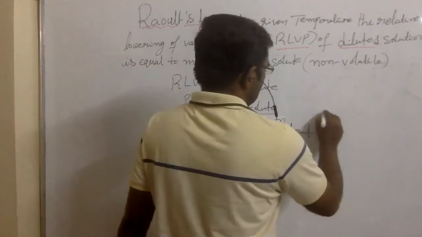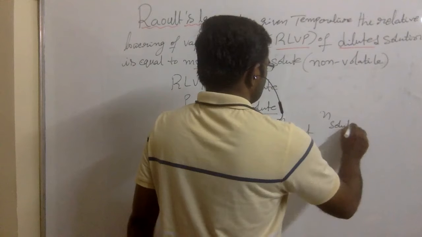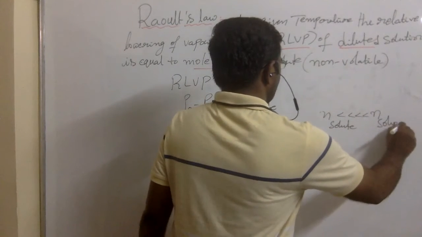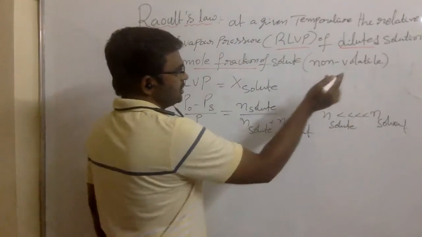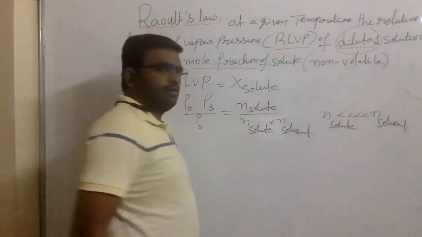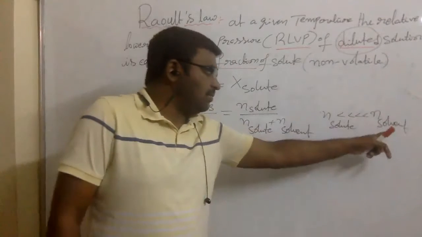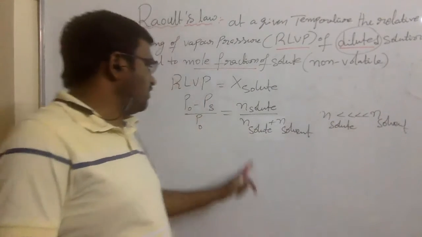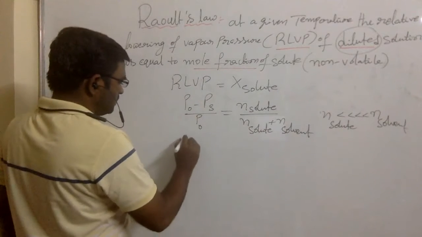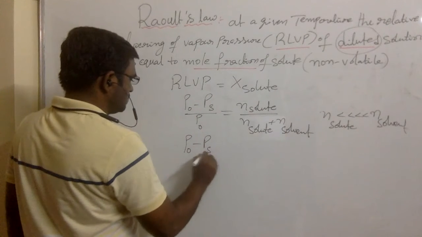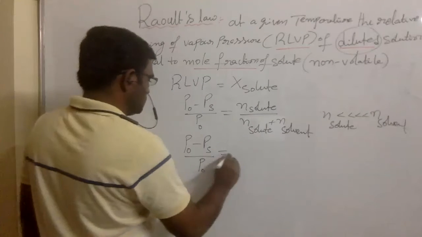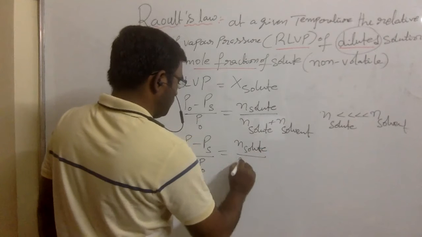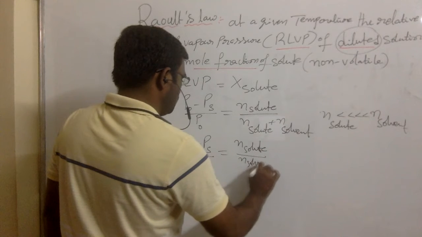But the moles of solute are always very less compared to the moles of solvent, because the given solution is what type of solution? Diluted solution. So comparatively the amount of solute is very less, so I neglect this value from the denominator. Finally, this formula changes into (P naught minus PS) by P naught is equal to moles of solute by moles of solvent.